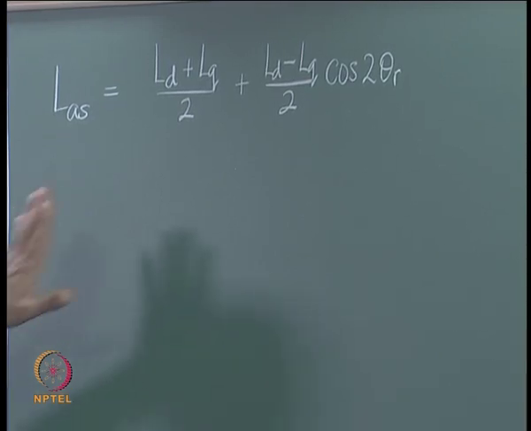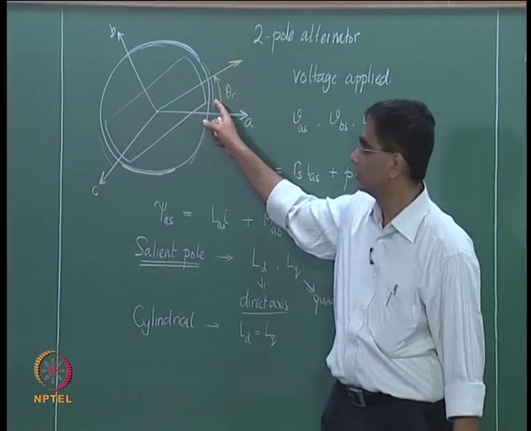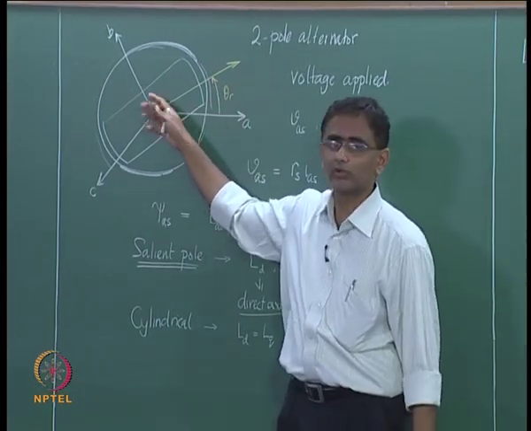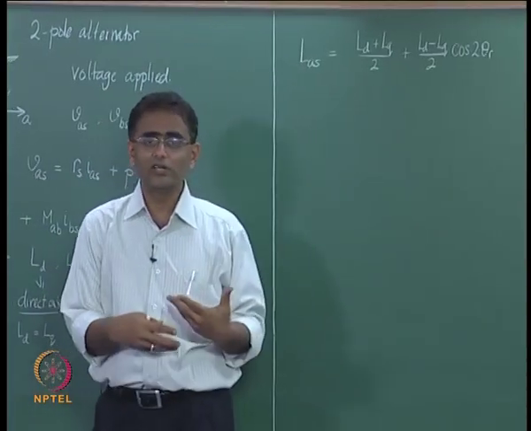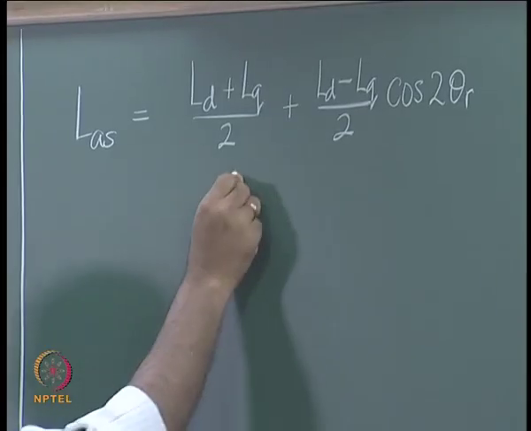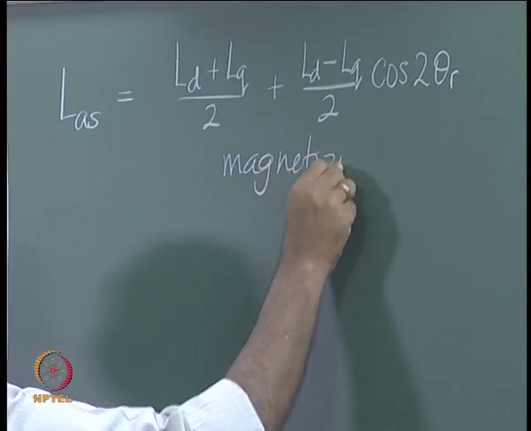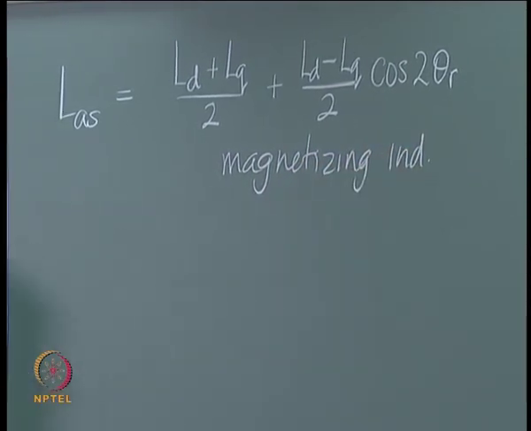Now this expression talks about flux that is generated due to excitation of the A phase, flux that is generated and crosses into the rotor before coming out. So the inductance that is described here essentially is a magnetizing inductance. So this is the magnetizing inductance component of the self inductance.